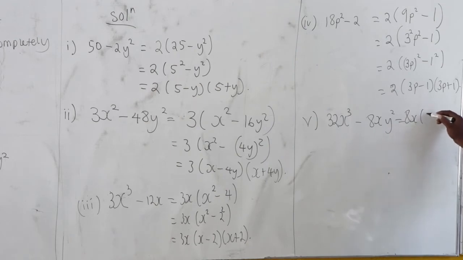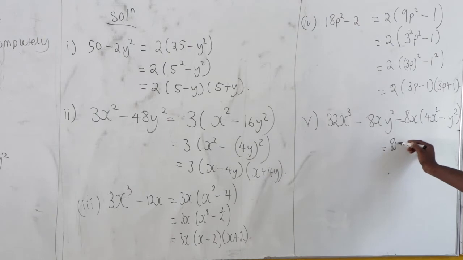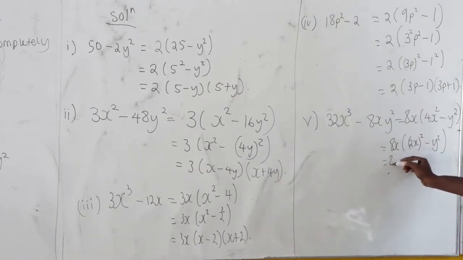And what are we going to get? 4x squared, because 4 times 8 is 32, and then minus y squared. Now we have our 8x here. We can change this to (2x) all squared minus y squared. And here we have our 8x out. We have (2x minus y), (2x plus y).